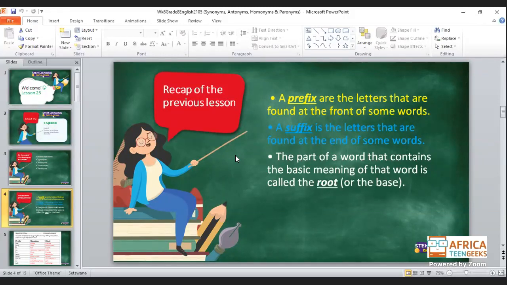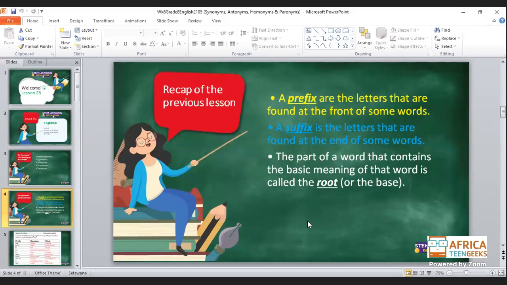They can change the tense, with those 3 degrees of adjectives. You remember them? The positive degree, the comparative degree, as well as the superlative degree. We use the suffix for that.